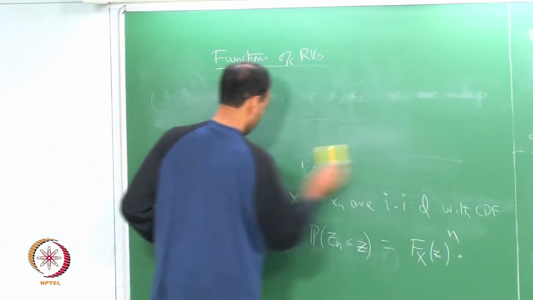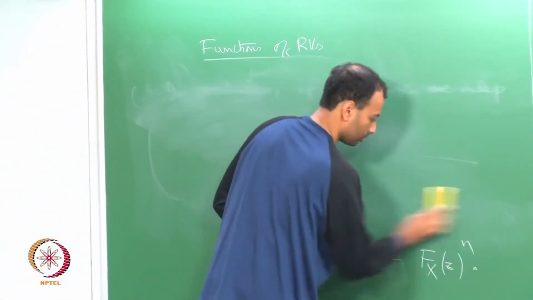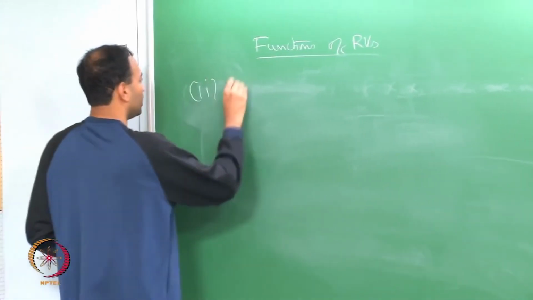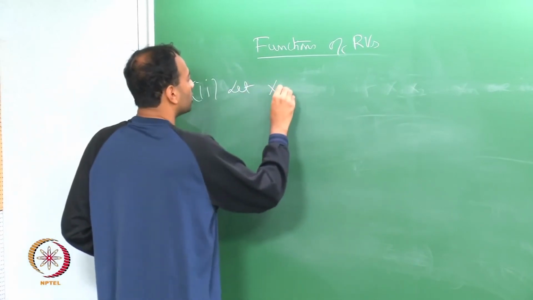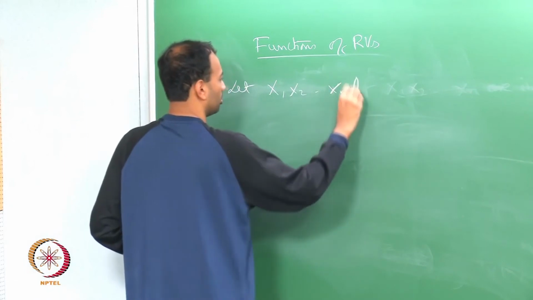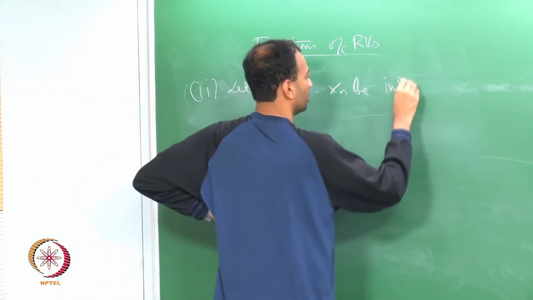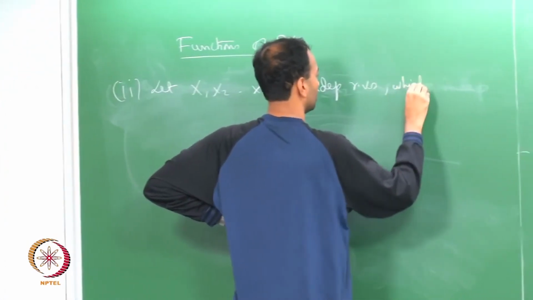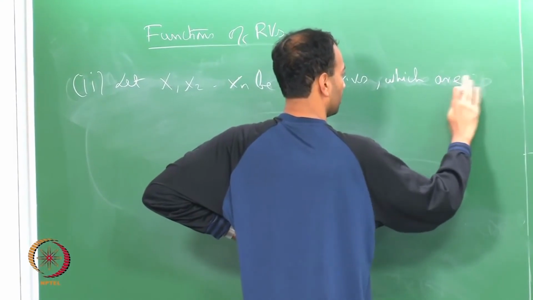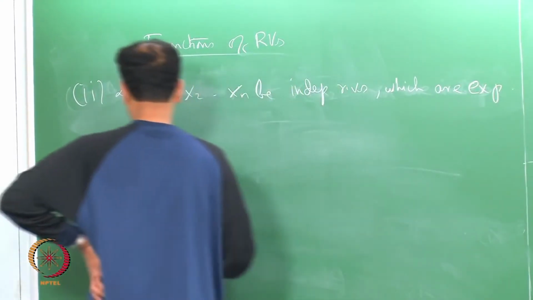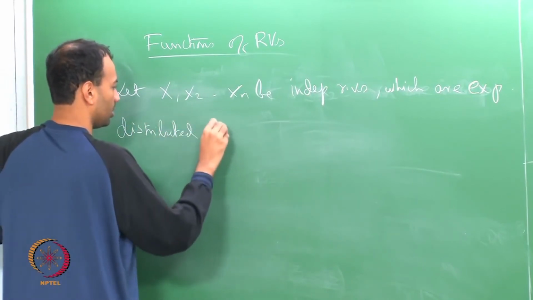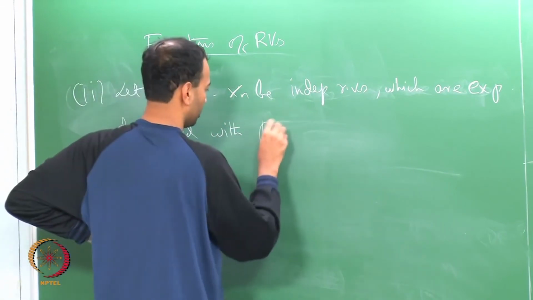Okay, let me just do one more example in the 5 minutes that remain. So, example number 2, let x1, x2, dot dot dot, xn be independent random variables which are exponentially distributed with parameters.